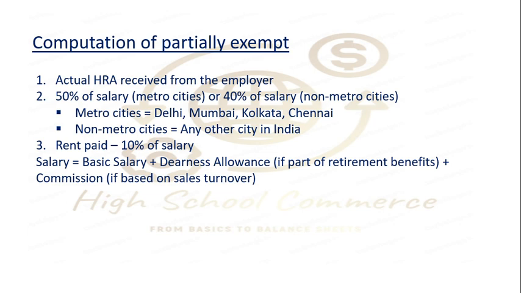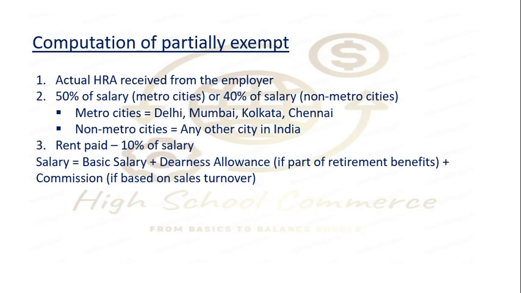Next, it is talking about 50% of salary in case the HRA has been provided in a metropolitan city, and in case the HRA has been provided in a non-metropolitan city, then it would be 40%. The metropolitan cities are defined as Delhi, Mumbai, Kolkata and Chennai, and apart from these 4 cities, all are non-metropolitan cities.